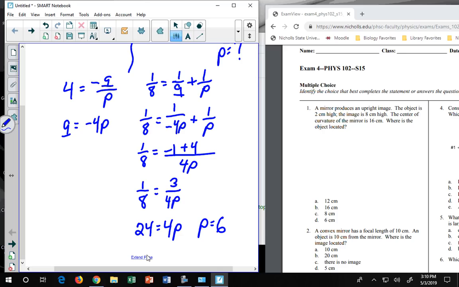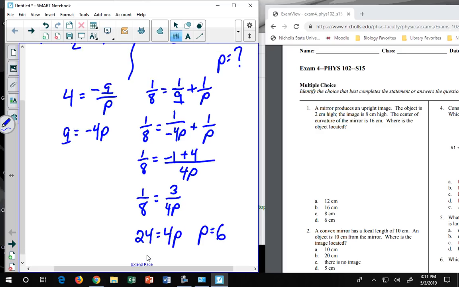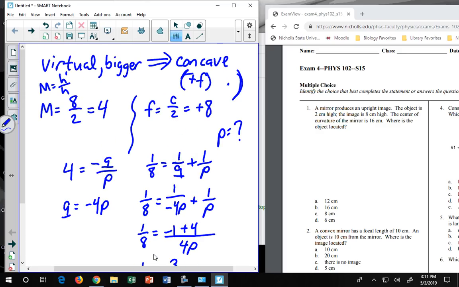So in the course of this question, this is probably your hardest free response question, I would ask you several things. I would ask you what type of mirror it is. What type of image is being formed, based on what you know about the mirror and the magnification and the light.